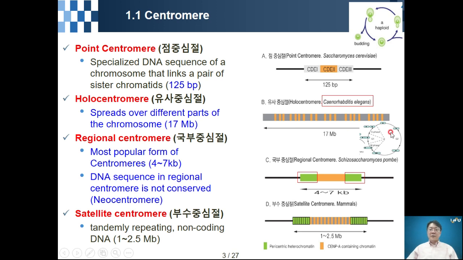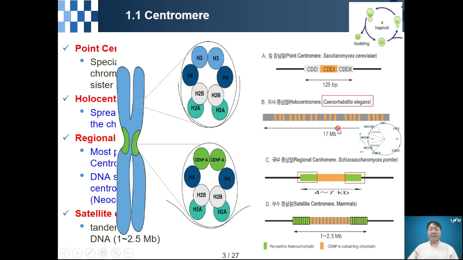Usually we see that the centromere is located in the center region of the chromosome, but holocentromere means that the centromere is spread all over the chromosome like this. This phenomenon is only observed in C. elegans.